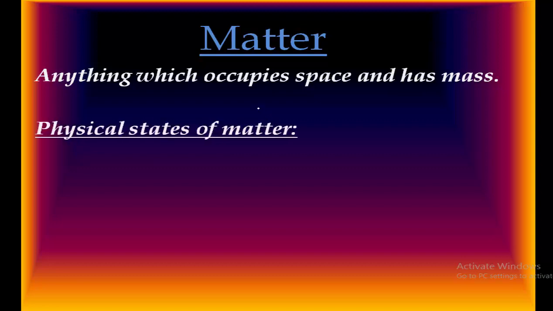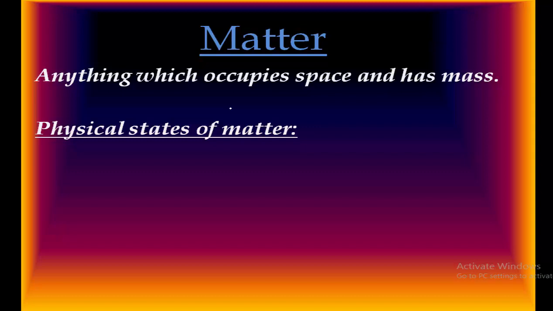Here the matter is present in different forms. If you take water, its physical form is different. If you take a stone, that stone has a different physical form. As well as if you take air, air also has a different form. So all the substances present in our surroundings exhibit different physical forms or physical states, meaning their appearance is different.